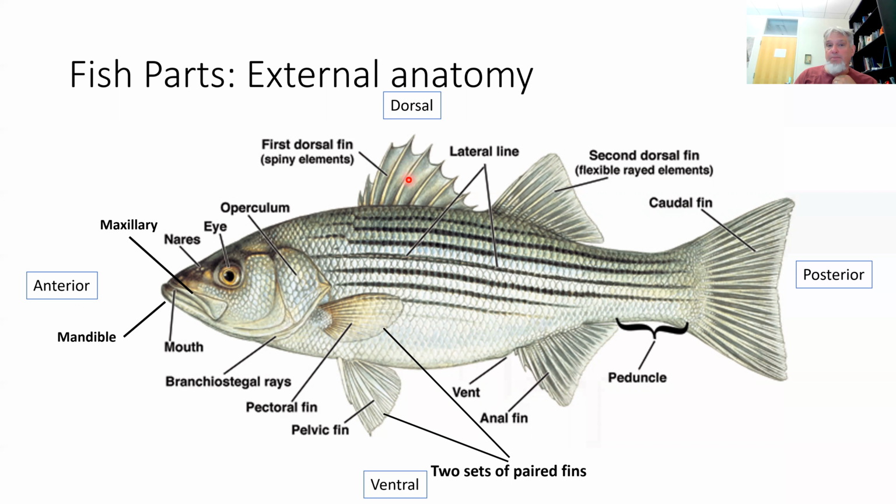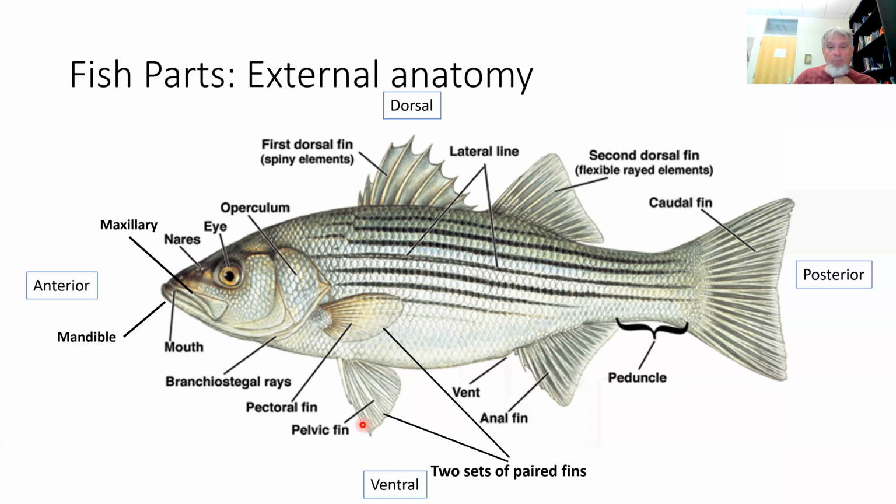Dorsal fin, sometimes there's just one dorsal fin. Sometimes there's two. So we have a first dorsal and a second dorsal fin. And some fishes, like the salmonids, have this adipose fin down here. The caudal fin, and this structure is called the caudal peduncle, which ties the body to the tail. And this is the anal fin, the vent, which is used for excretion as well as for emitting gametes.